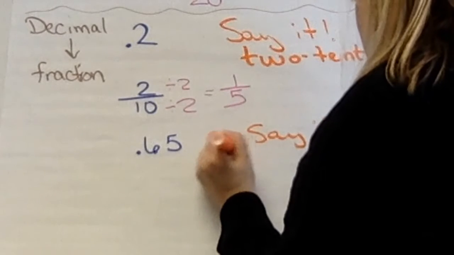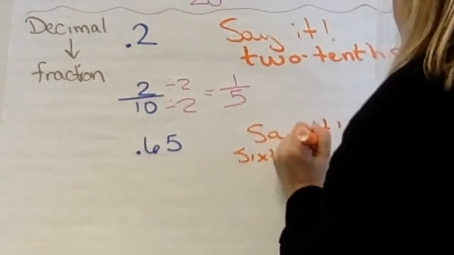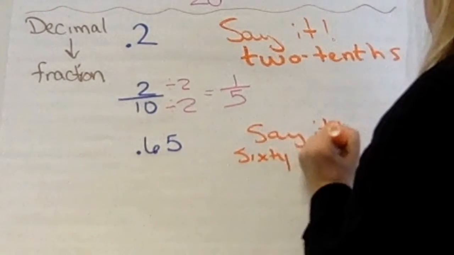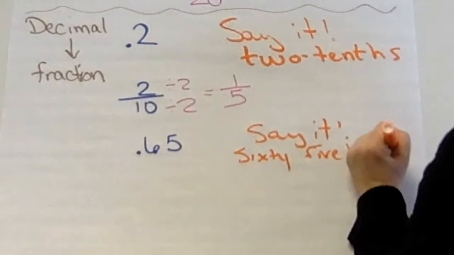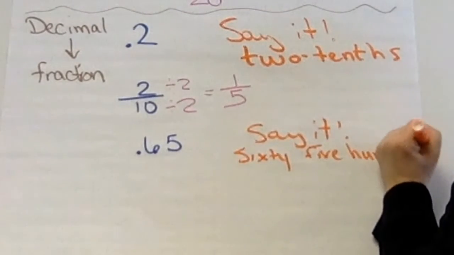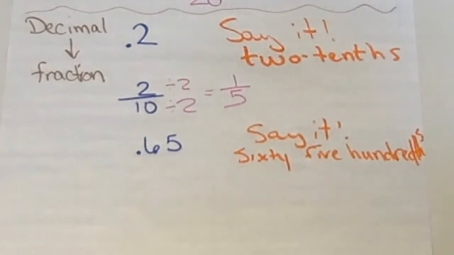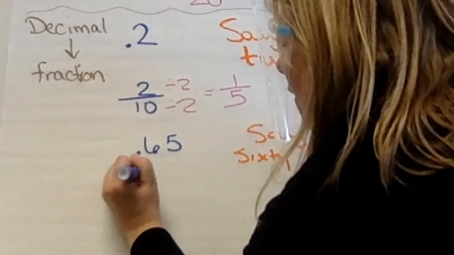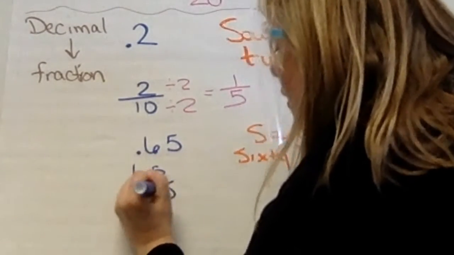Good. So 65 hundredths. Oh, running out of room. So if I wrote that, it'd be 65 over 100.